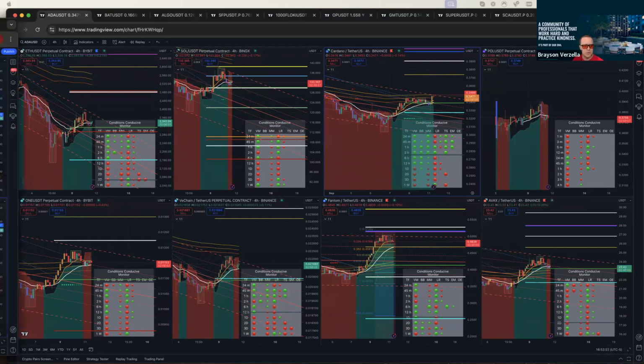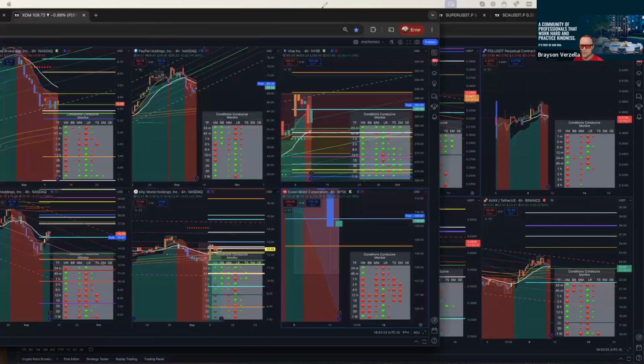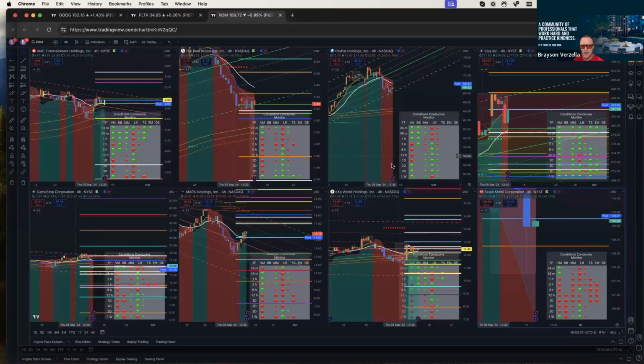So I'm going to show you my stocks chart, because stocks are doing different things right now, and they let me show you some things differently. For instance, here is PayPal, and PayPal is seeing some bearish volatility, bearish channels, bearish breaks over the past, up to about 100 hours.